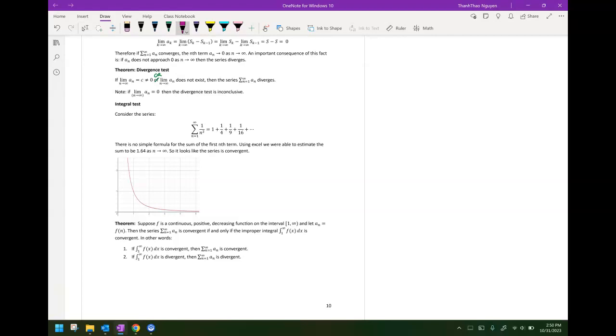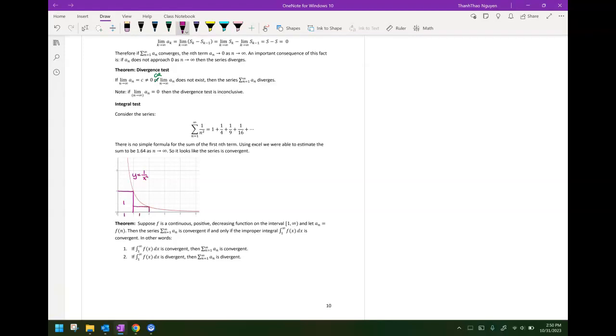So this curve here is the curve y equals 1 over x squared. And the sum of the n terms as n approaches infinity is just the area under this curve, right? So let's divide this out. So here we have the area. Here's 1, here's the first term. So here we have 1/4.